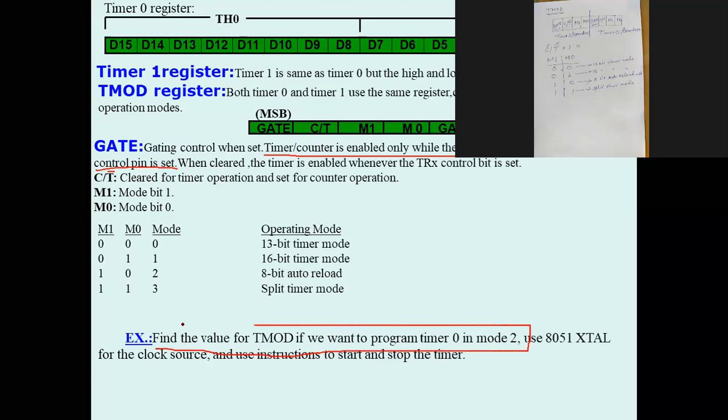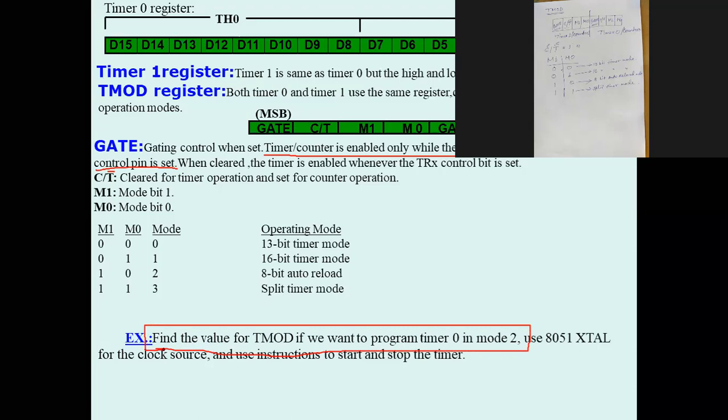I have bordered it with red ink. You need to tell me what will be the value of TMOD if we want to program timer 0 in mode 2. Now tell me. 8-bit.